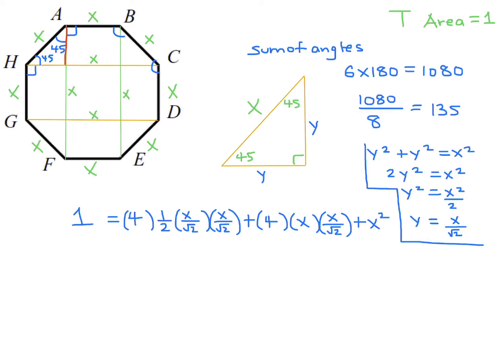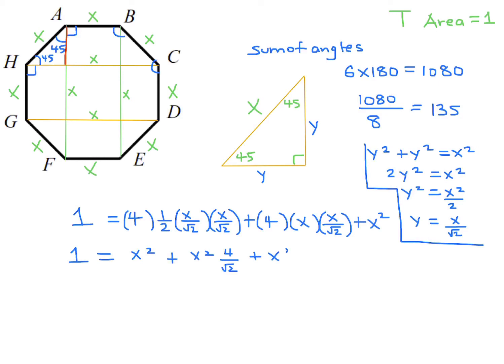All right, so let's do the math here. 1 is equal to, we've got x squared times 2 over 2. So that's just x squared. This one now becomes x squared and then 4 over root 2. Like that.